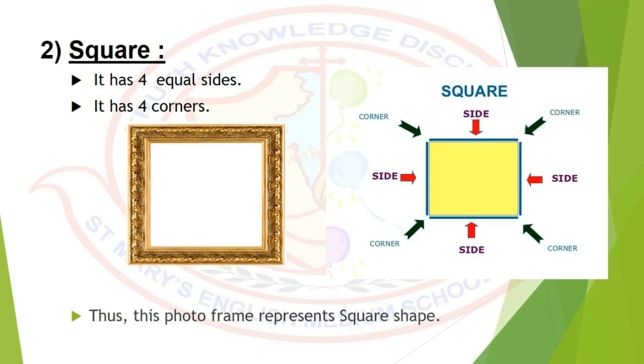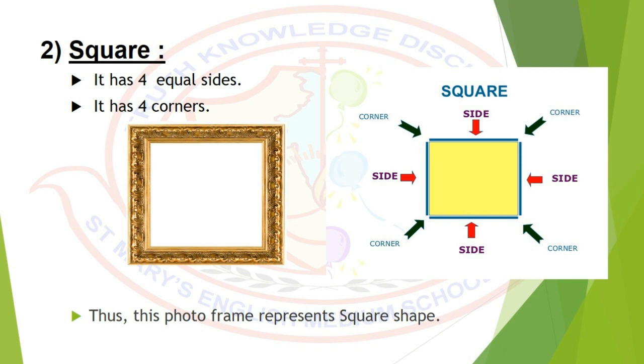What is square shape? A square is a shape which has 4 equal sides and 4 corners. Children, now look at the picture. We can see there are 4 sides and 4 corners in the picture.